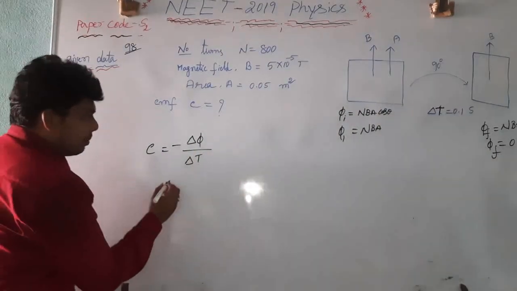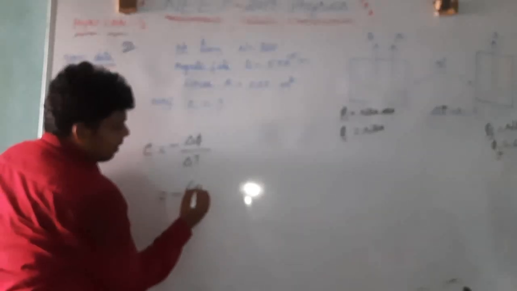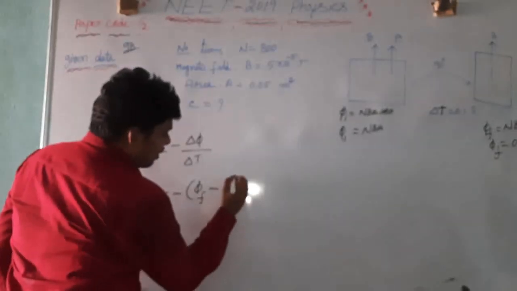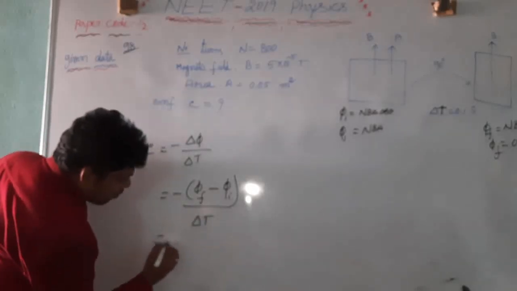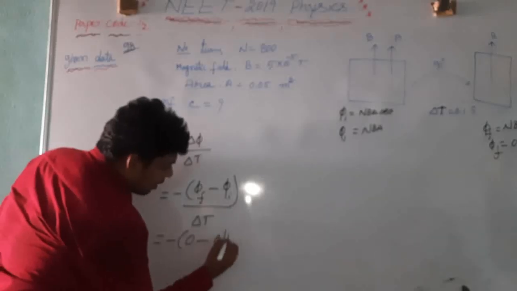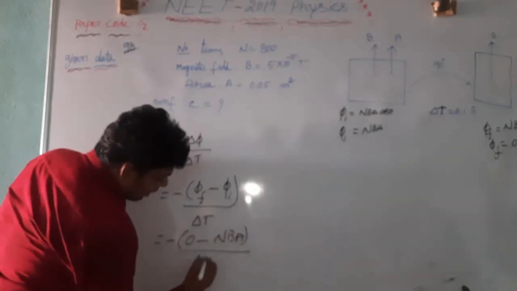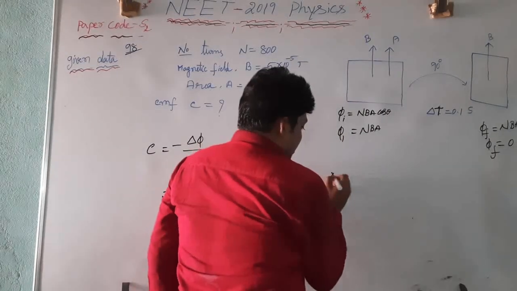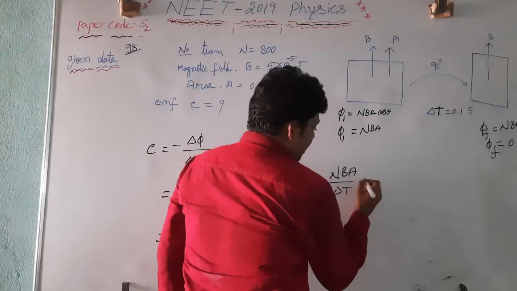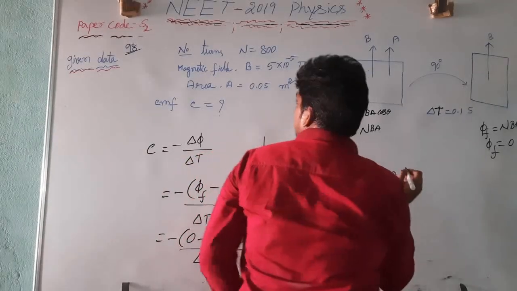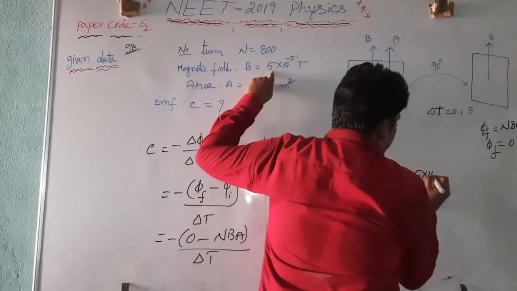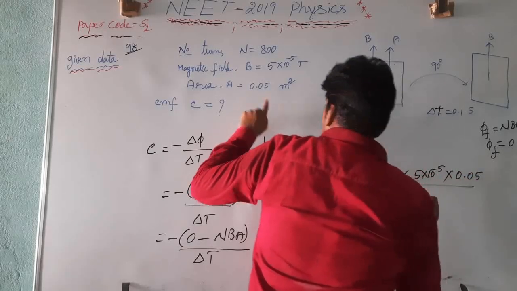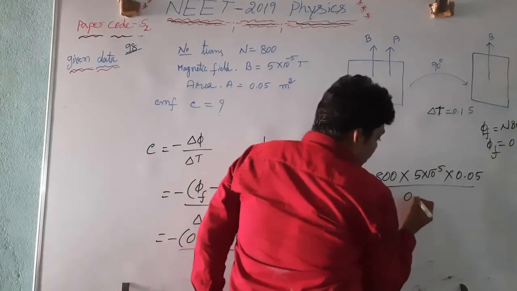Now we can write this as phi f minus phi i divided by delta T. Phi f is already 0, minus phi i is NBA, divided by delta T. So E is equal to NBA divided by delta T. N is 800. The magnetic field is given as 5 into 10 to the power minus 5, and the area of the cross section is 0.05, divided by the time interval in which the coil is rotated, 0.1 second.